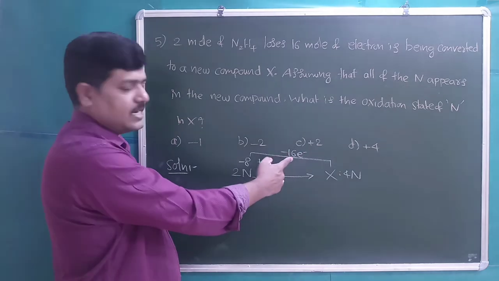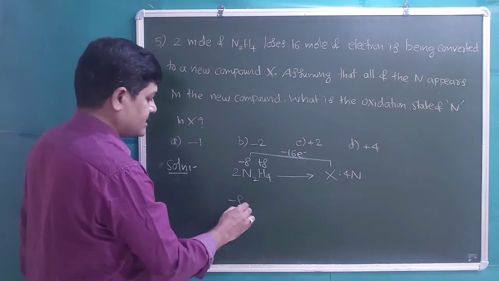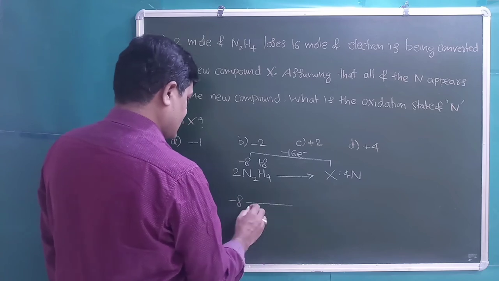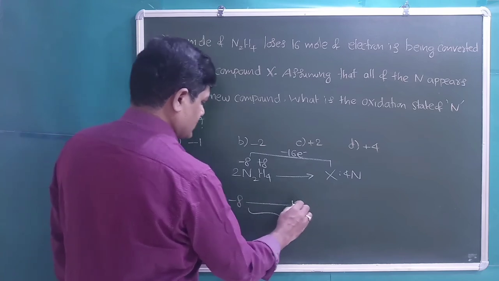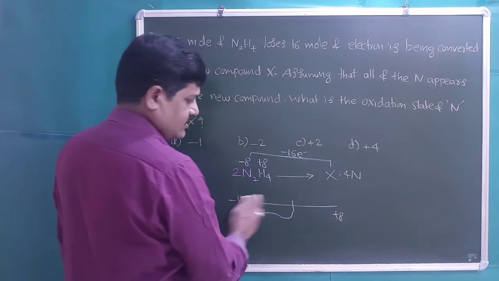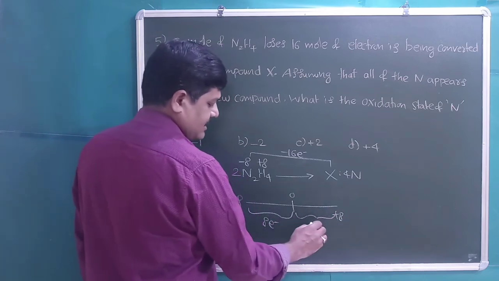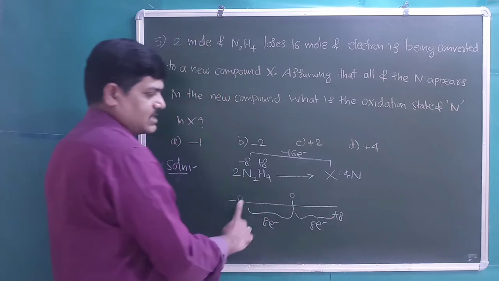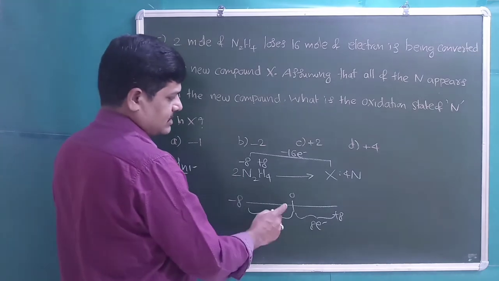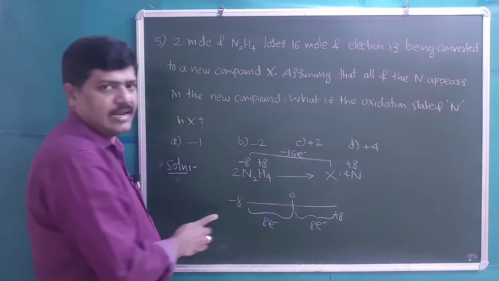When it loses 16 electrons, the oxidation number goes from -8 up to 0, that is 8 electrons, and from 0 up to +8, it is 8 more electrons. Total 16 electrons it is losing. Then combiningly for 4 nitrogens, the oxidation state will be +8 after losing 16 electrons.